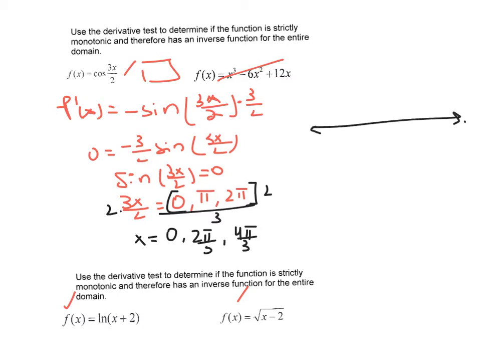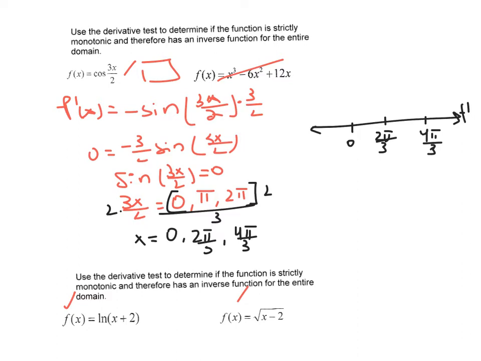But what you'll notice is that our derivative, when we plug in around those values, you have to plug into your derivative function, which you can just use your graphing calculator for. But between 0 and 2 pi over 3, you can plug in like pi over 3 if you want. Something that makes sense. You could technically do like pi over 2 if you want.